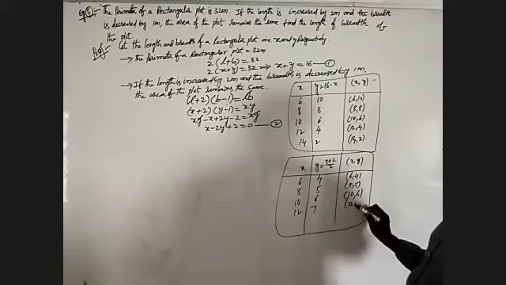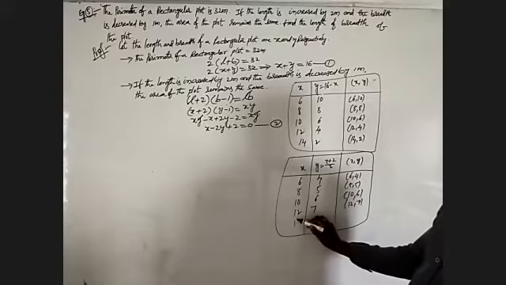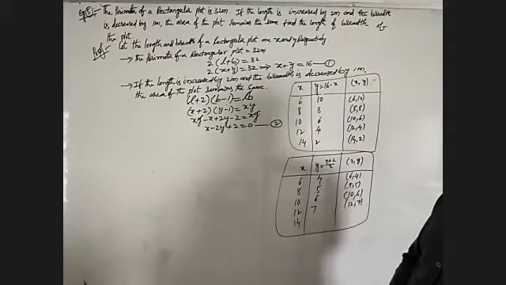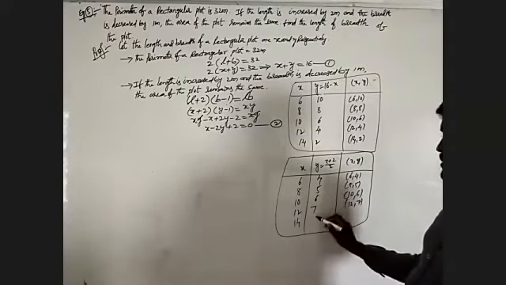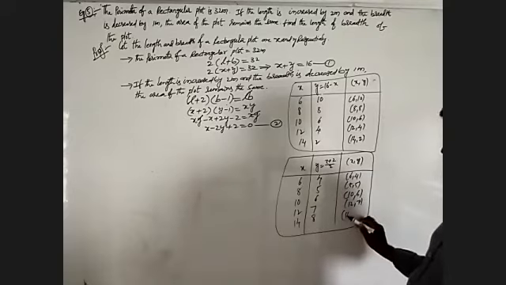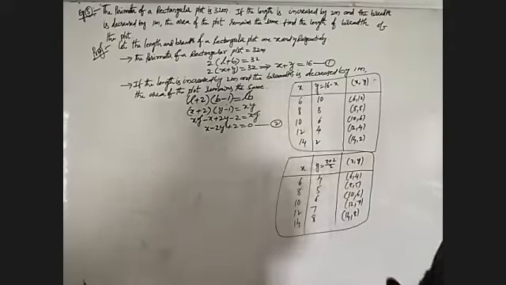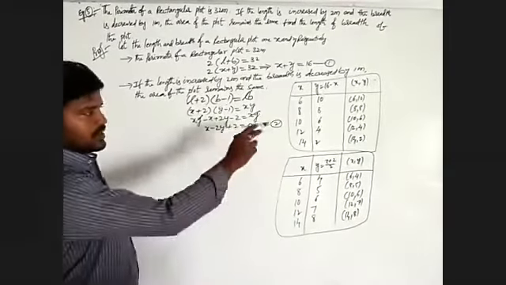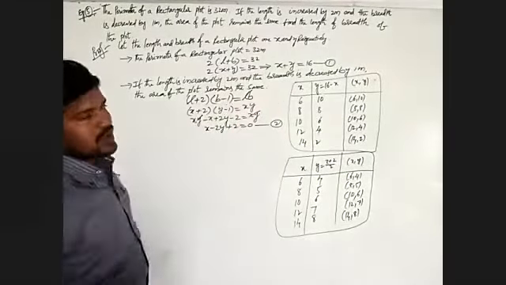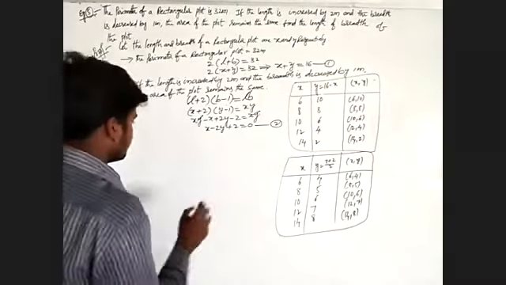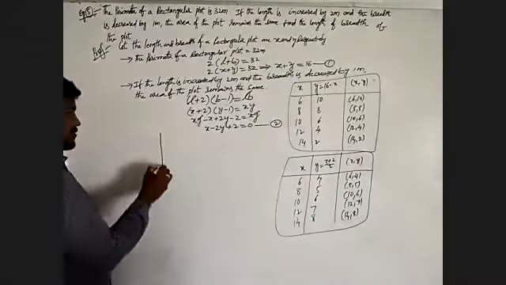This point is 12 comma 7. After that x is equal to 14. 14 plus 2, 16 by 2 becomes 8. This is named as 14 comma 8. Finally, we have to draw a graph. We know that both equations' points will be considered in this. We have to plot the graph.